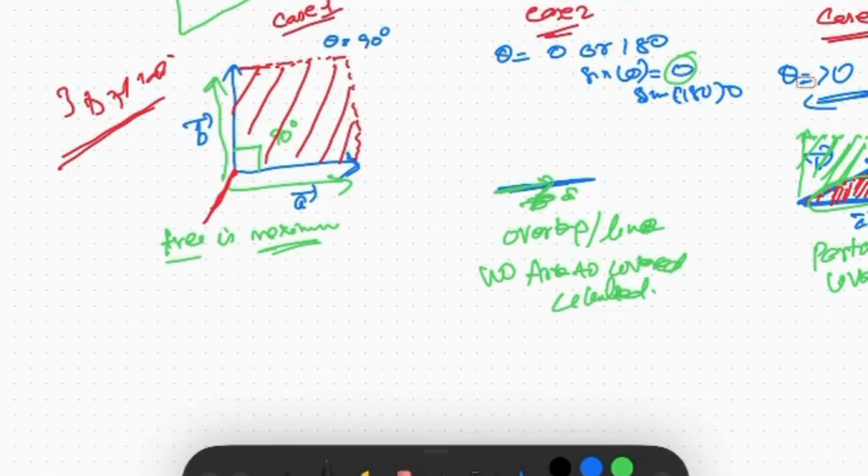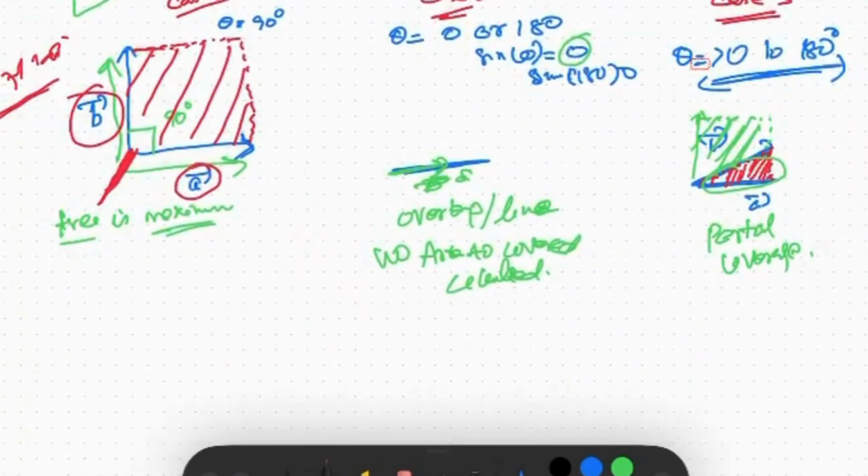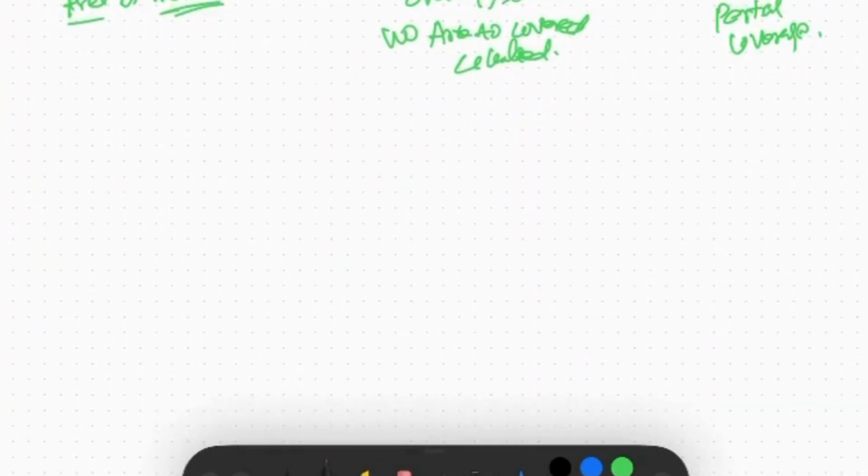You can see it in the video after this. See, this vector will be perpendicular to both A vector and B vector, right? So you have different use cases for dot product and cross product.